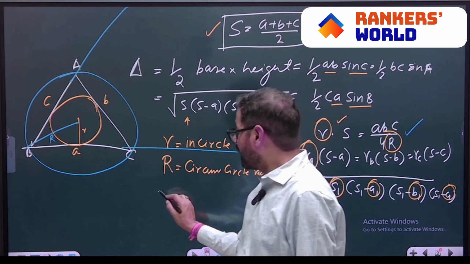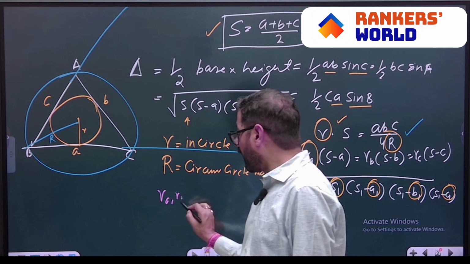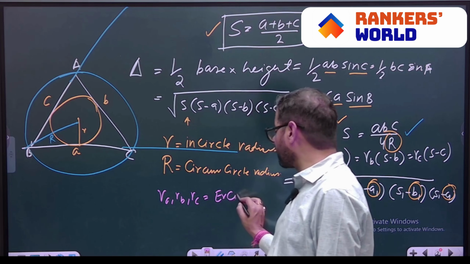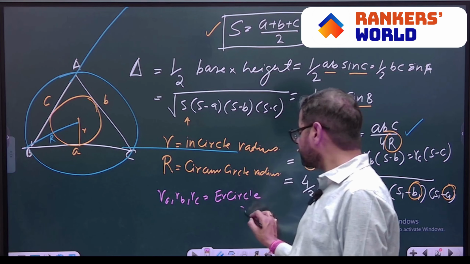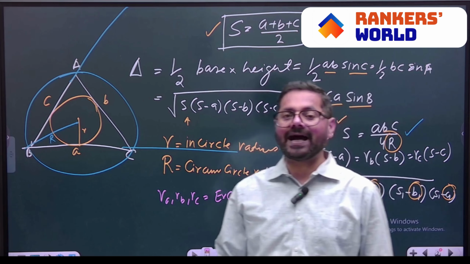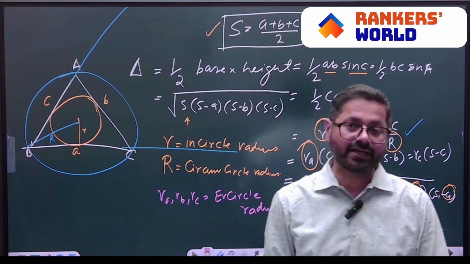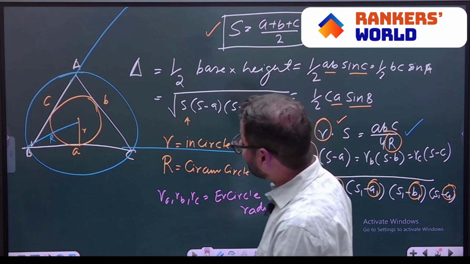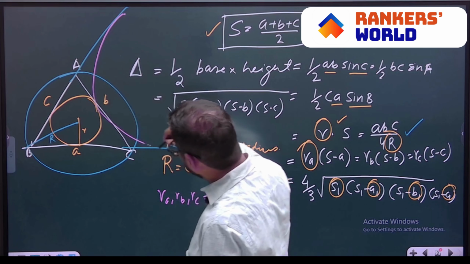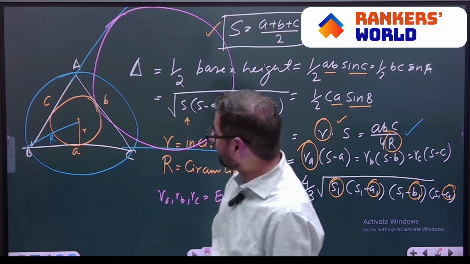We say RA, RB, RC are ex-circle radii. The question will not be asked directly by naming ex-circle radius, but they will make a diagram like this. For example, this is the extended side, and they will make a circle of this kind.